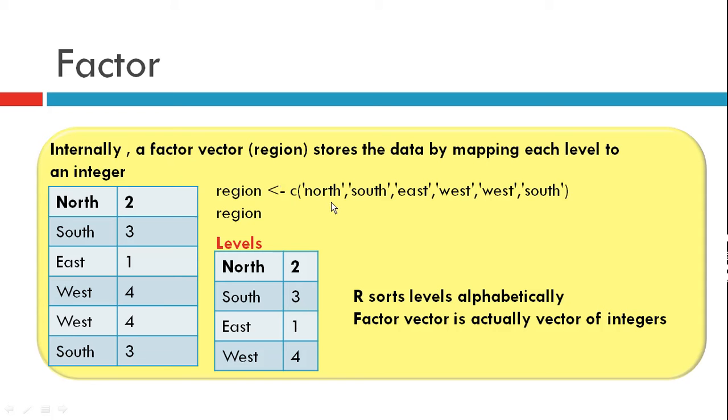Within the parentheses, if you give region, it will assign integers to each categorical variable. So here the region east is encoded as 1 since it's the first level, and region north is encoded as 2. Why is this transformation required?